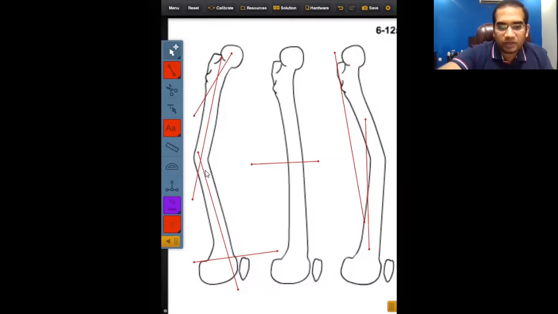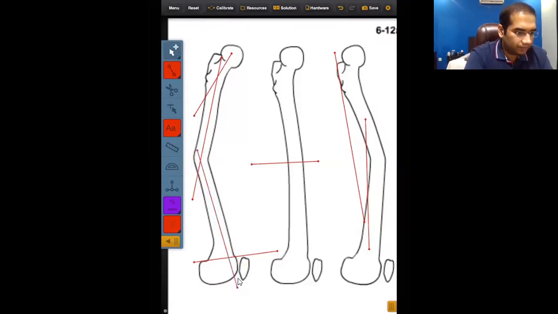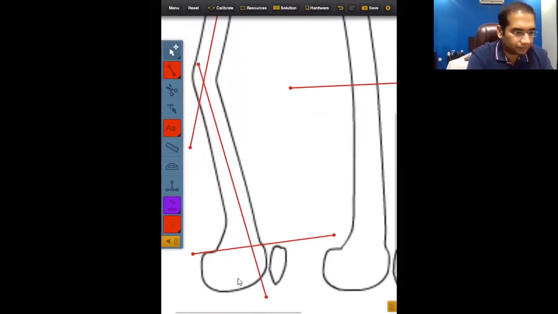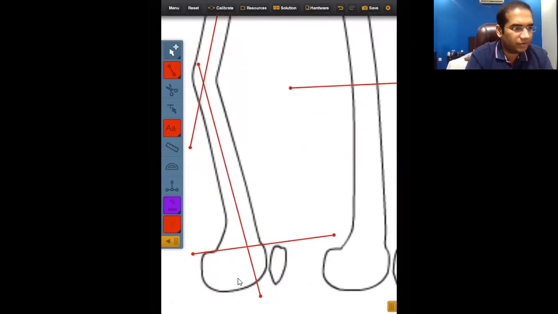And again, as I told you earlier, I need to check my reference angle. The posterior distal femoral angle is 81 degrees, as you can all see over here. Sorry, it's 83 degrees, and so it's normal.